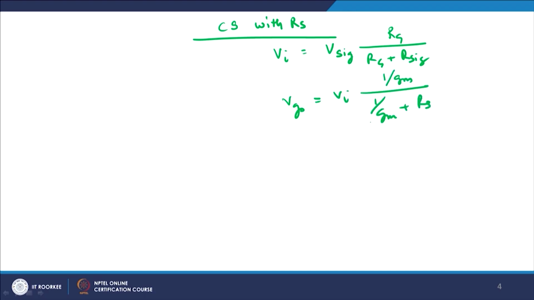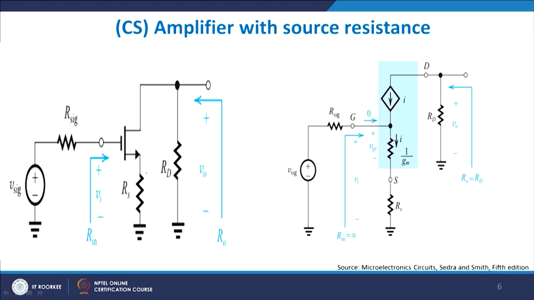Now this is quite interesting, I will just explain to you from this discussion. See, the idea is that if you go from this point to ground, you are encountering two resistances, one is Rs, another is the resistance offered by this device, and looking from the source side, the resistance offered is basically 1 by Gm.